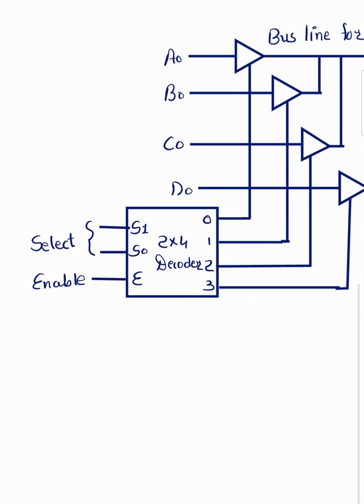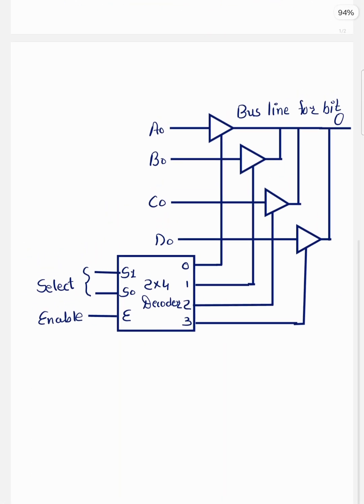So this is my simple block diagram. I am using a 2 cross 4 decoder, which has 4 outputs. Here I have the select lines S0, S1, and then the enable, and outputs 0, 1, 2, 3.